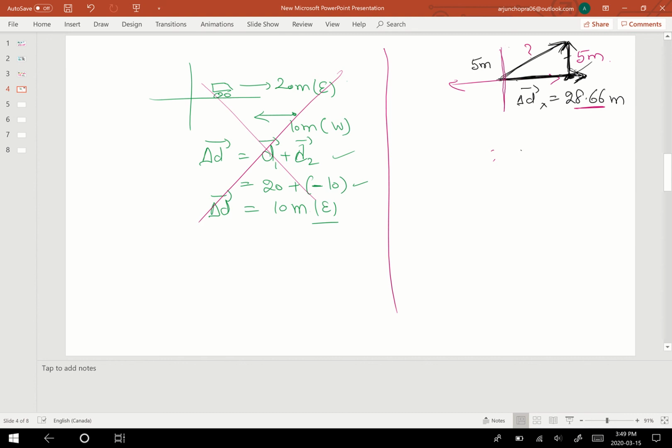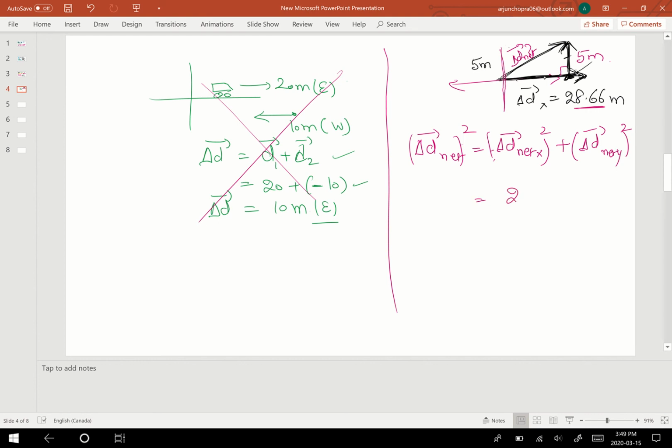So this is 5 meter and this is 28.66, and I wanted to find this value. Now because there is a right angle triangle, I can apply the Pythagorean theorem. So delta D net is equal to the square root of delta D net in the x direction squared plus delta D net in the y direction squared.